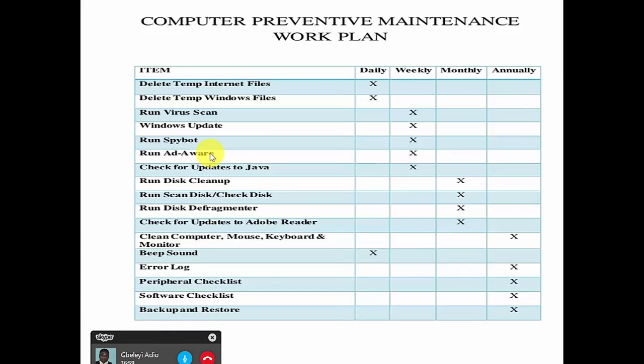So there we have the computer preventive maintenance work class. On the items, you could see the temporary internet files, the temporary window files, and so on and so forth. And on my right hand side there, you have daily, weekly, monthly, and annual. These are plans whereby you can maintain the computer, the laptop, for proper use, or to get the best use from them.